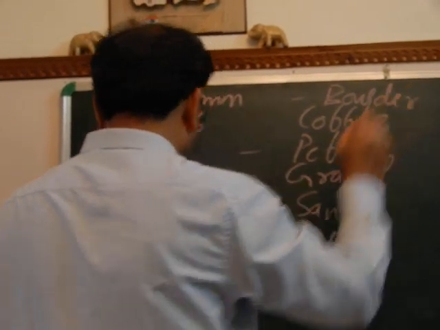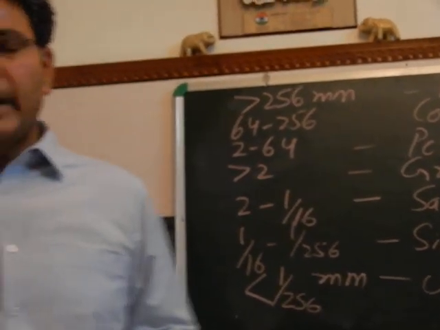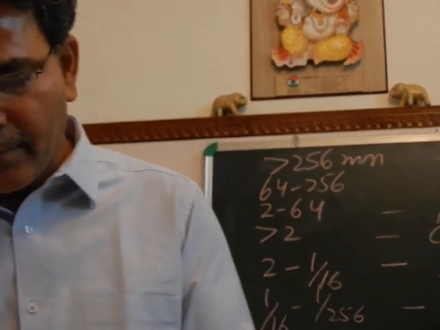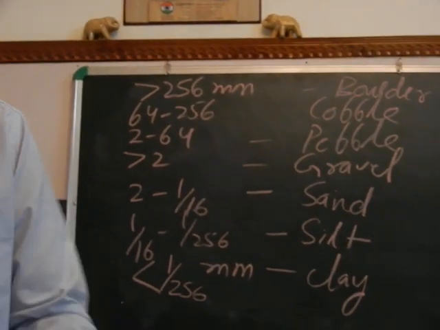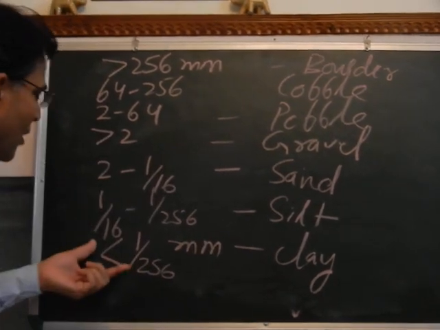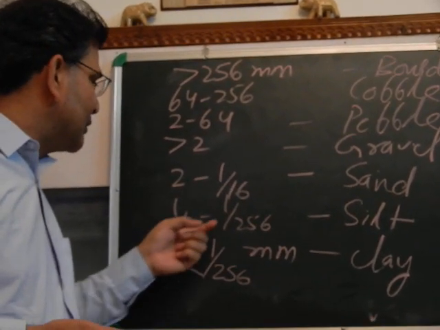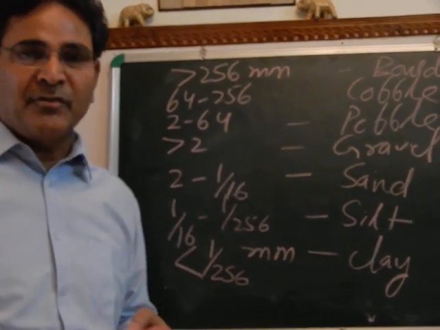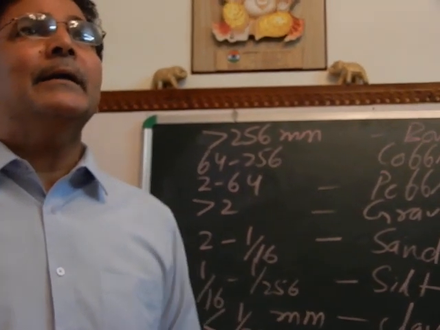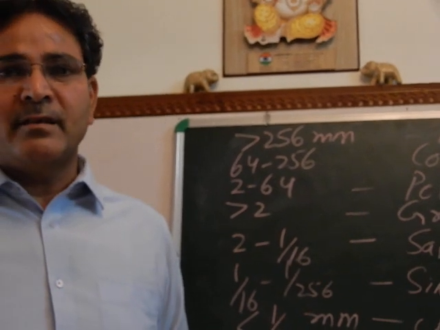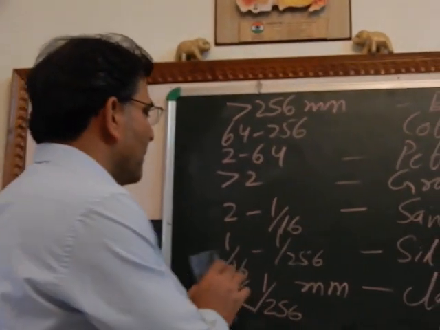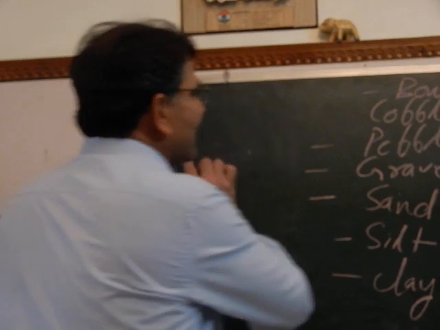So this is the size of the sediment according to the Udden-Wentworth scale. Because it is very complicated, with sizes like 1/16 to 1/256 for silt, the multiplication and division during granulometric analysis become very complicated.